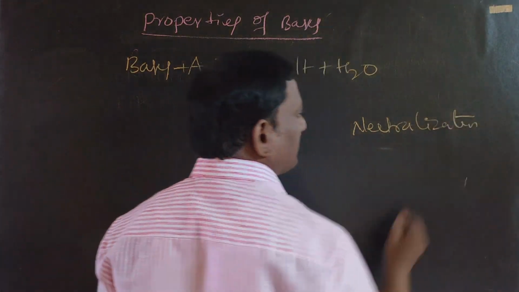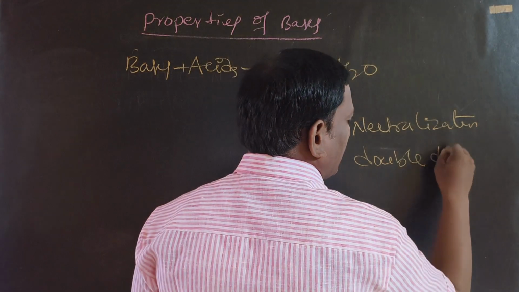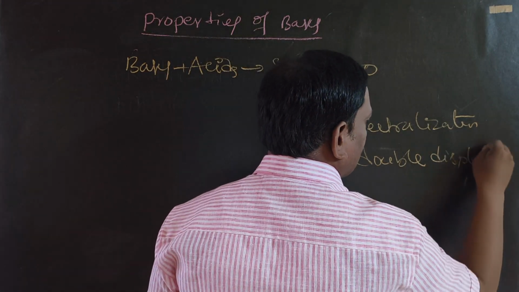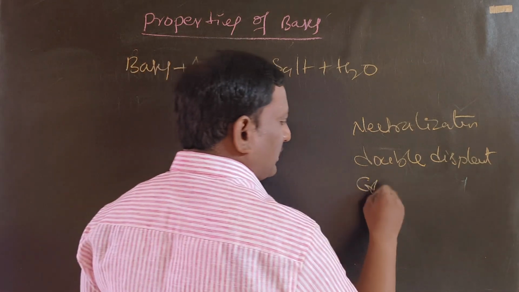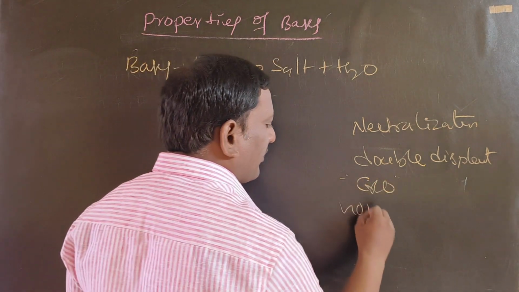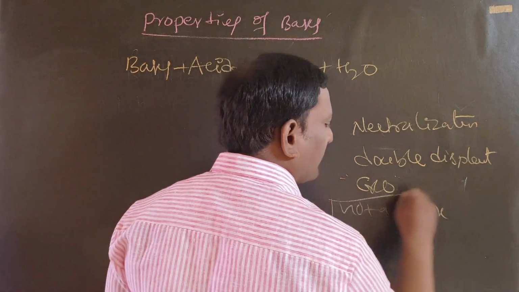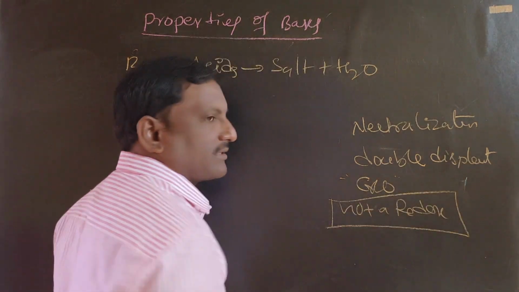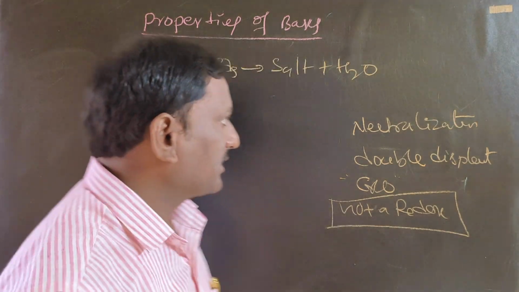Neutralization reactions are also called double displacement reactions. Generally, these are exothermic in nature, and these are not redox reactions. Please keep this point in your mind. Generally, double displacement reactions are not redox reactions.